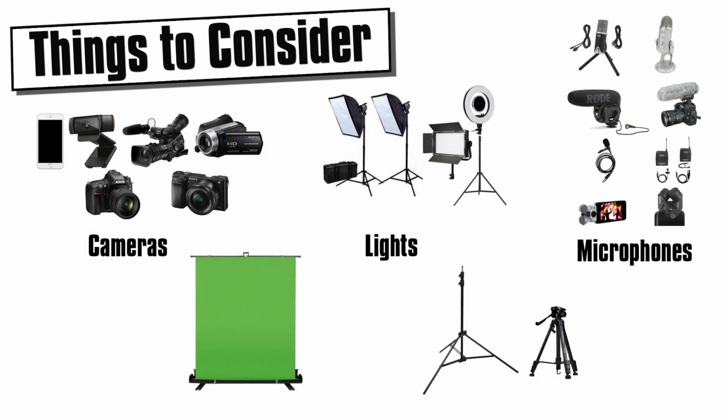Now, what comes with the cameras, we'll shrink them up into the corner, and you can see there's a whole lot of things that you potentially will need when you are using a camera. Now, I would say personally, the most important thing that you're going to need is some kind of light, some kind of way of lighting your face, if that's what you're going to do, lighting your cooking videos, whatever.